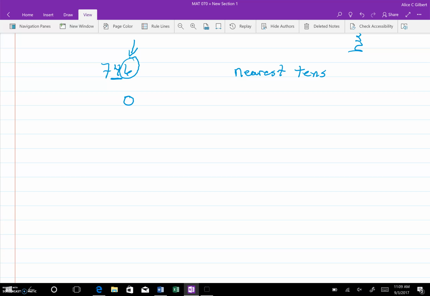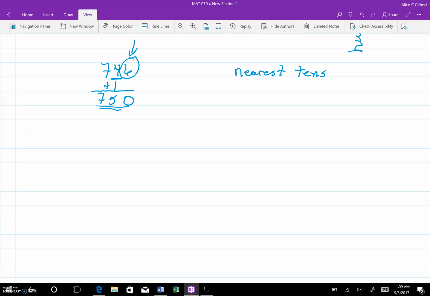If that digit is 5 or greater, then we're going to add 1 to the digit that we have underlined. And then we just add those.